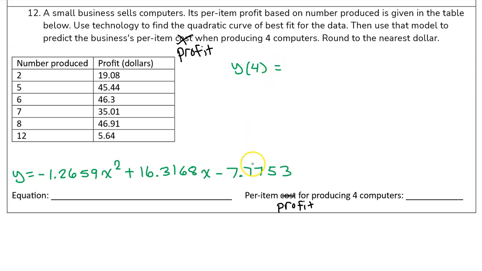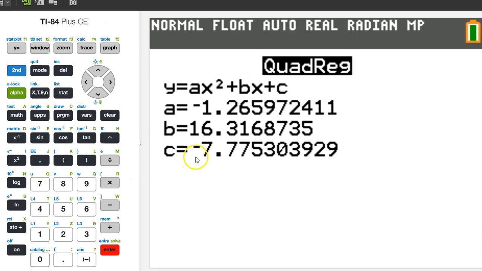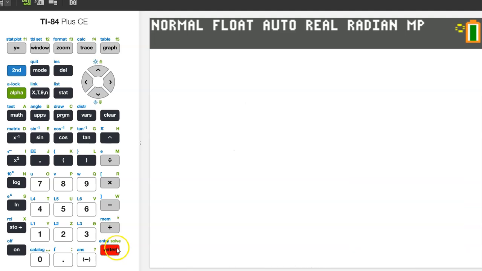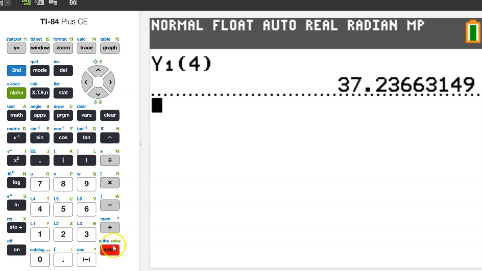We can do this on the calculator because we let the entire regression model be stored as y1. We can pull up y1 by doing Alpha, Trace, Enter. And we can evaluate y1 at 4 by putting a little 4 next to it in parentheses. This avoids any rounding error.